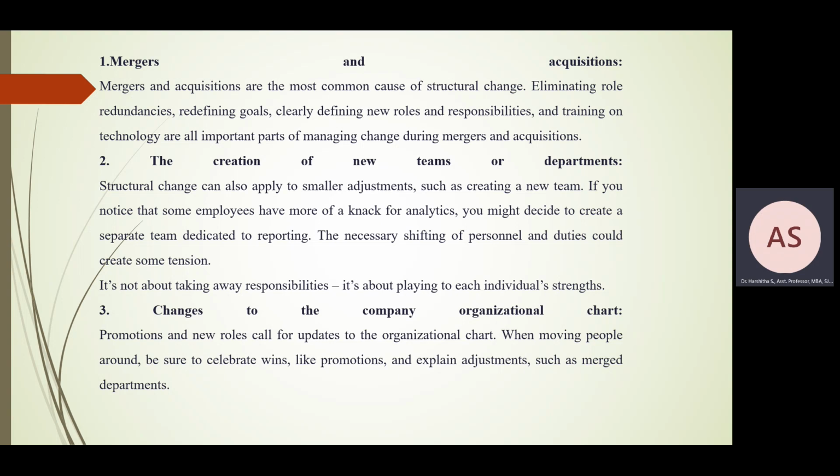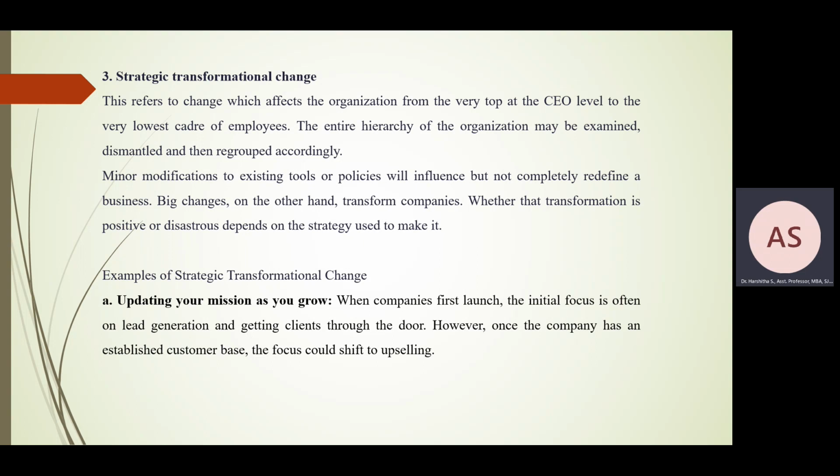And next is the strategic transformation change. What exactly is this? This refers to change which affects the organization from the very top, at the CEO level, to the very lowest cadre of employees.